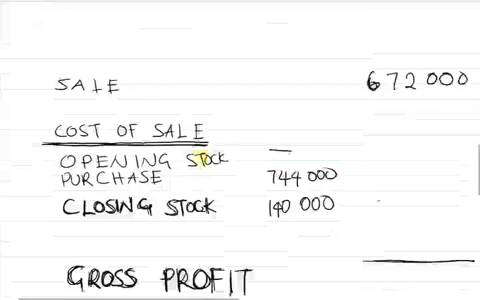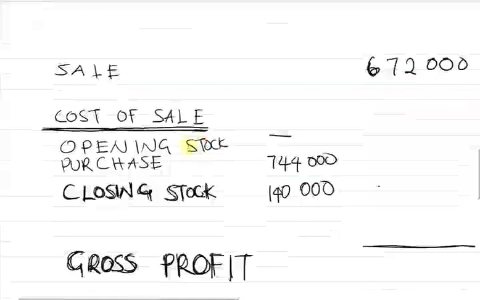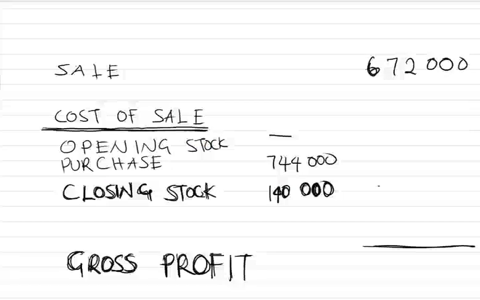Because the moment we are saying that we are subtracting 140,000, right, we mean that the 35,000 should form part of cost of production. But no, it should not form part of cost of production, but rather it should form part of the expenses. So instead of putting 140 here, we're going to put the cost of inventory before the stock loss.